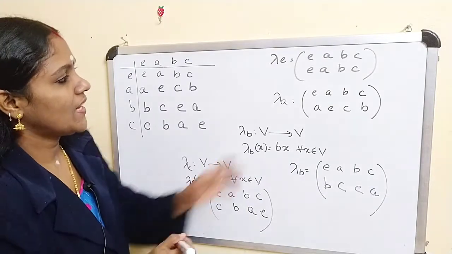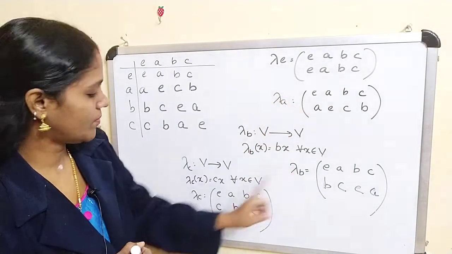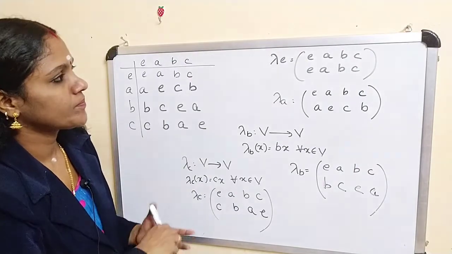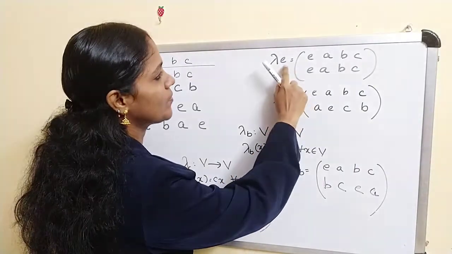Thus we get lambda E, lambda A, lambda B. Okay, now we look at this table.